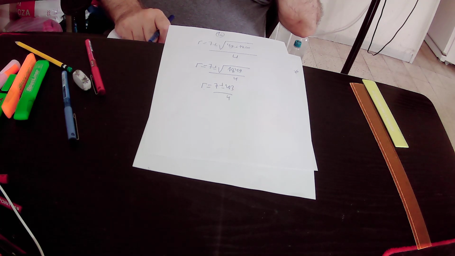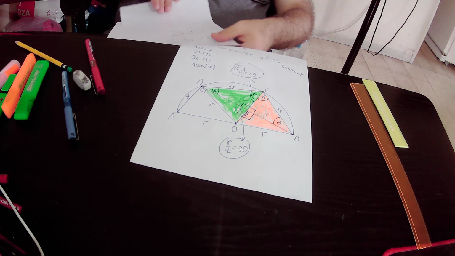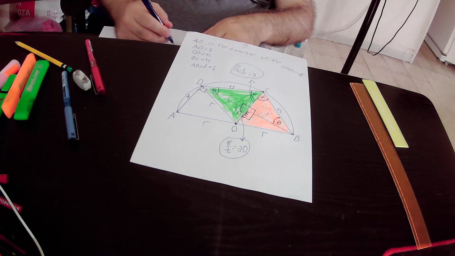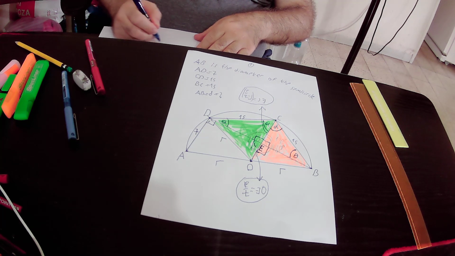We have here two solutions for r. The first solution is r equals 7 plus 43, which is 50, over 4. So the first solution is 12.5.